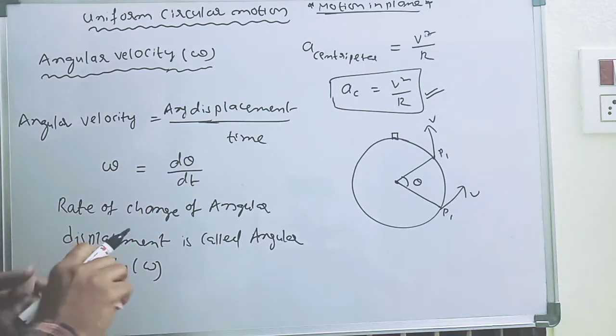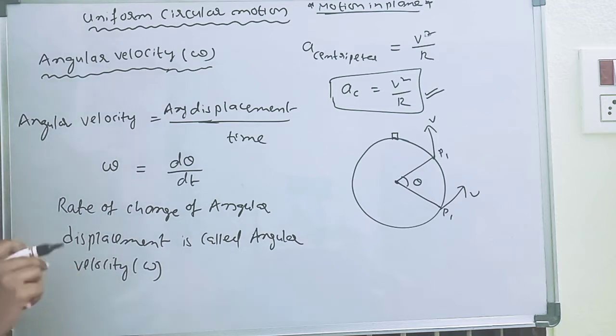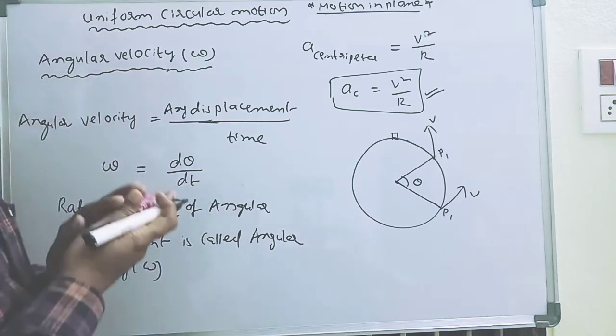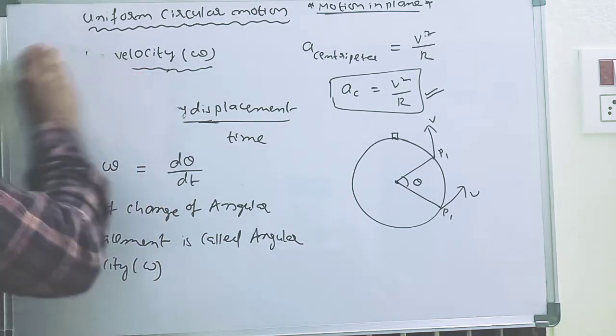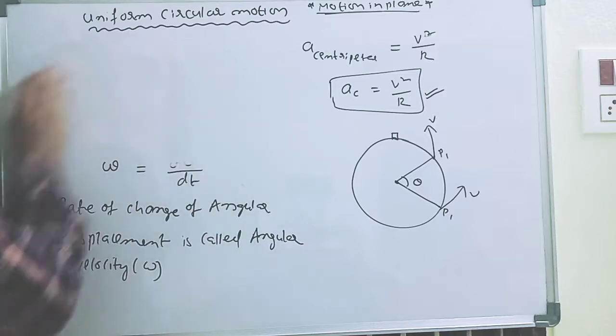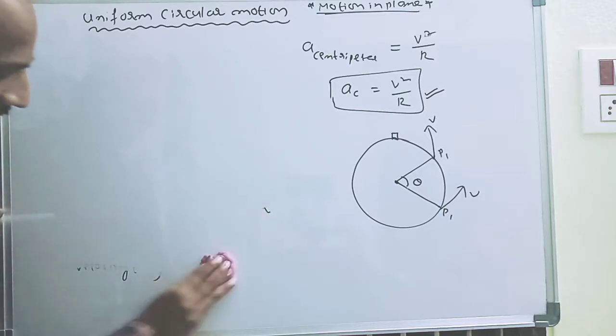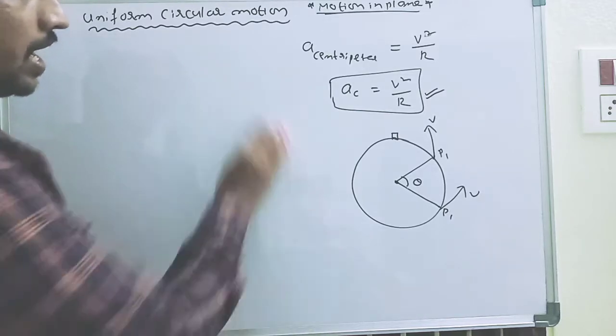Now let us clearly see the difference between angular velocity and linear velocity. What is the difference between linear and angular?